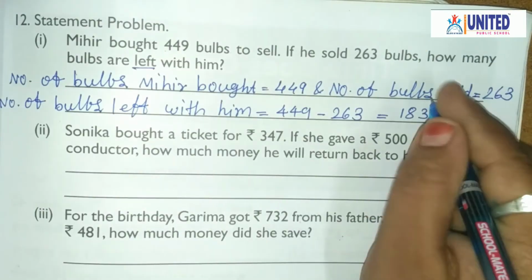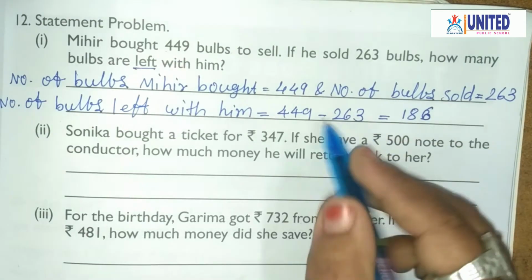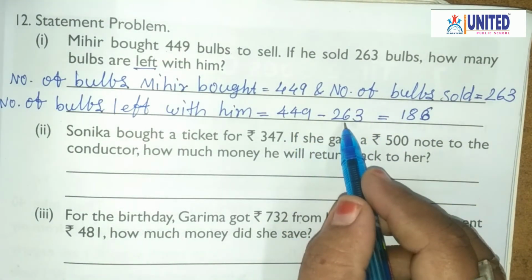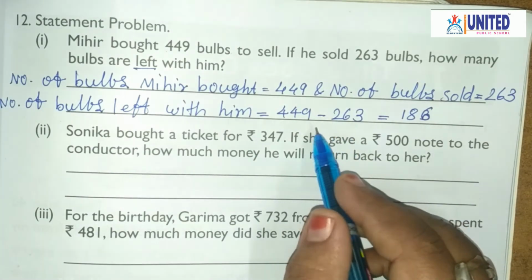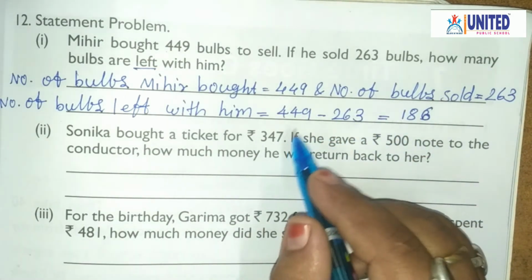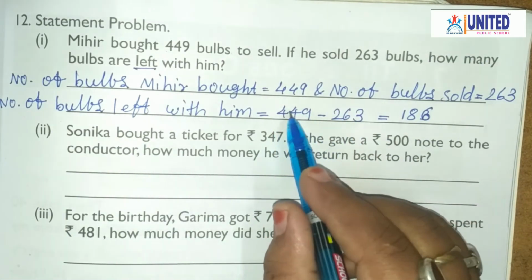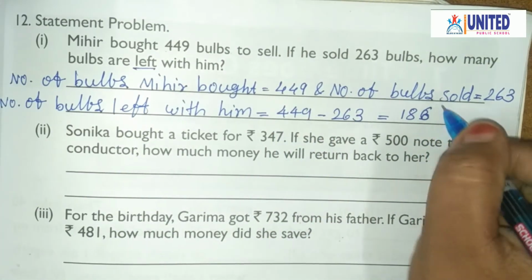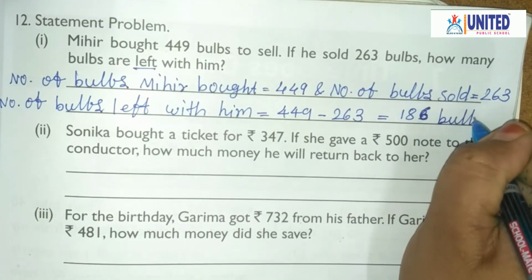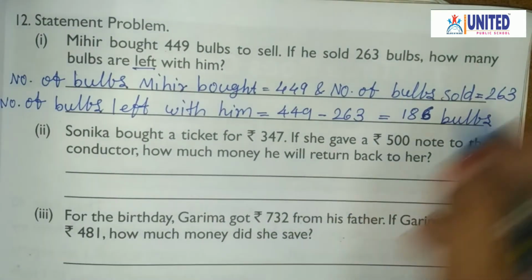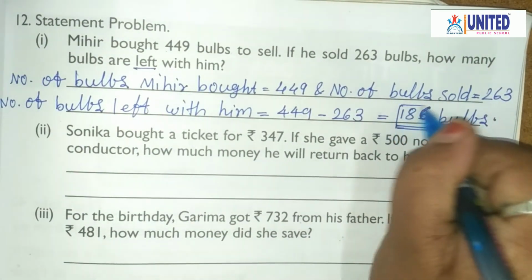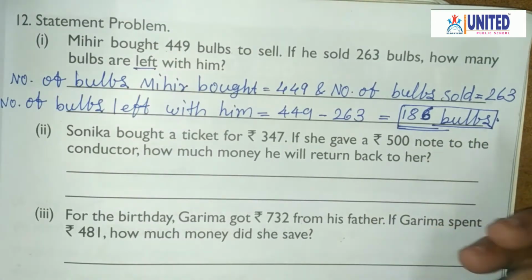That is equal to 186. Okay, 9 minus 3 is 6. 4 minus 6 not possible. So we take the borrow. And 14 minus 6 is 8. With one borrow gone from there, so here 3. 3 minus 2 is 1. So the answer is 186 bulbs. Okay. So we can box our answer.